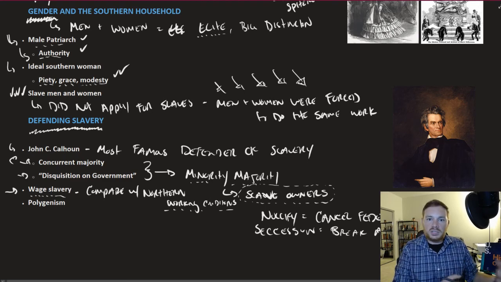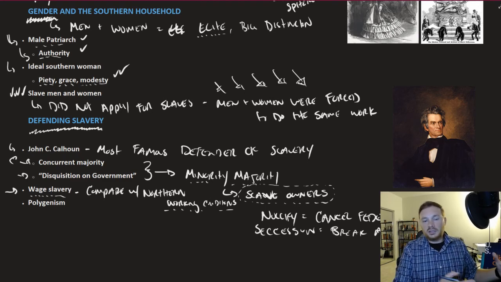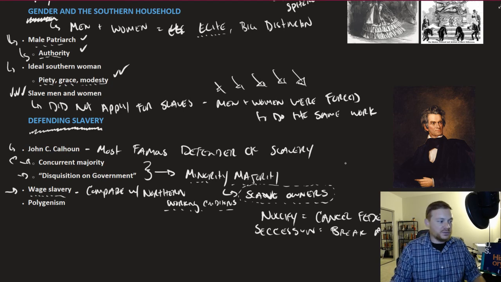Southerners would say, well, at least slaves in the South get to work in the fresh air, in the sunshine. They don't experience the problems of cities like disease and overcrowding and crime. But the point being is that at least those workers were free. Again, this was an empty argument because when immigrants came to the United States, all of them chose to work in a factory in the North rather than surrendering themselves to slavery.